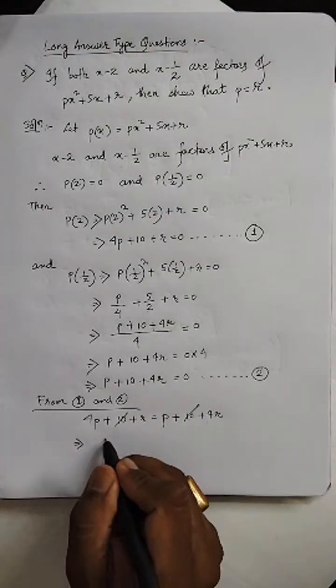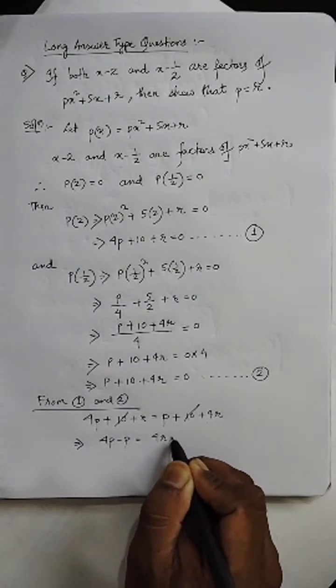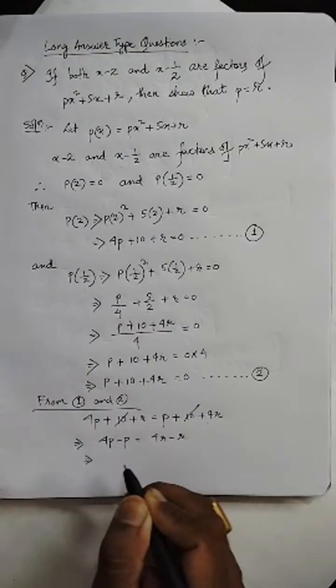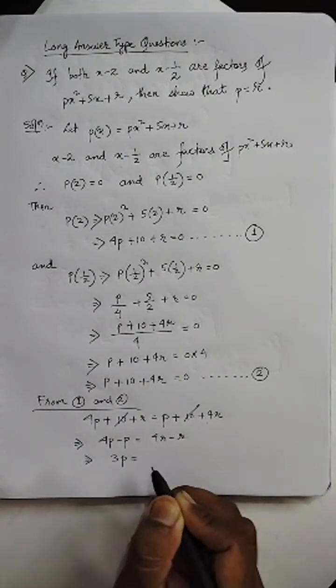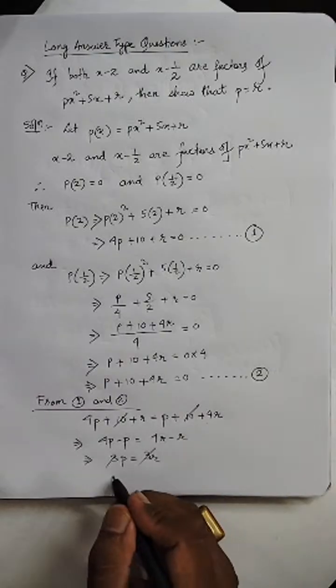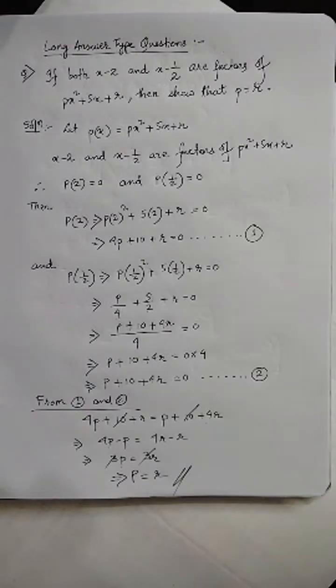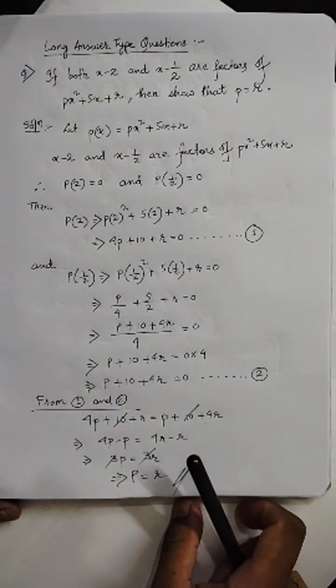So this will become 4p minus p and 4r minus r. So this is 3p minus 3r. So if we cancel out the 3's, we will get p is equal to r. So this is what we are required to prove. Is it visible? Yes, this is visible.